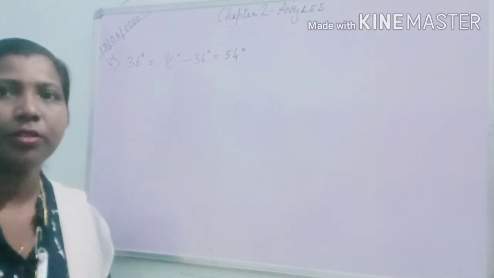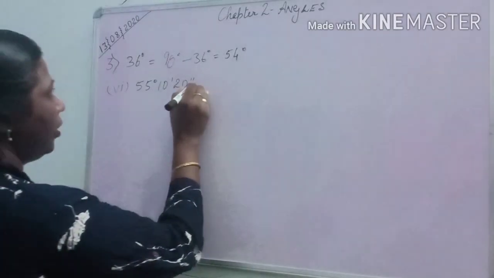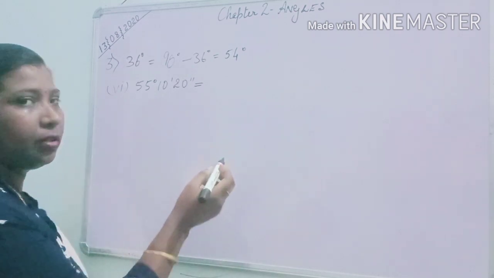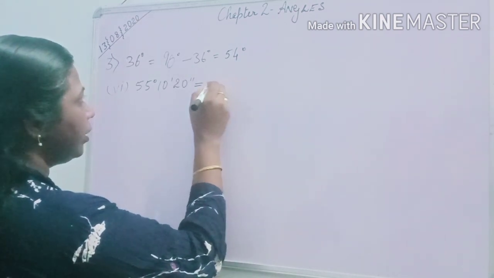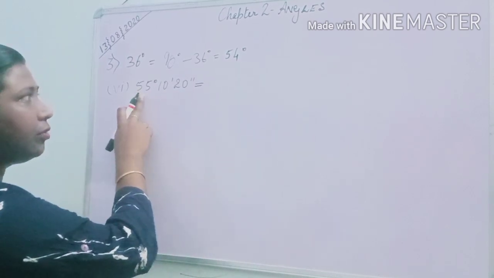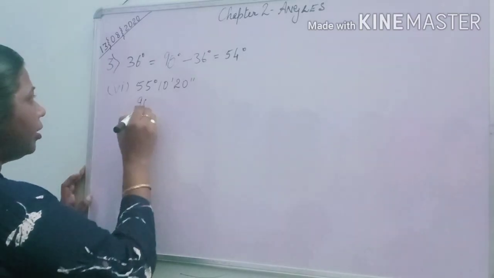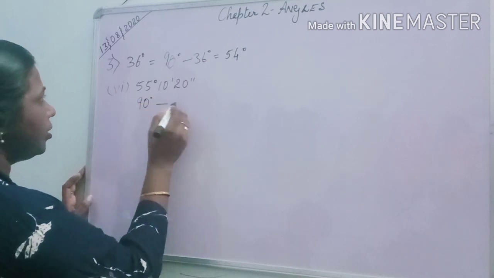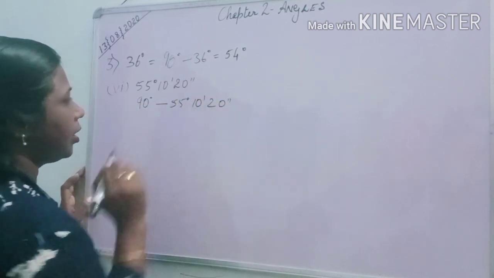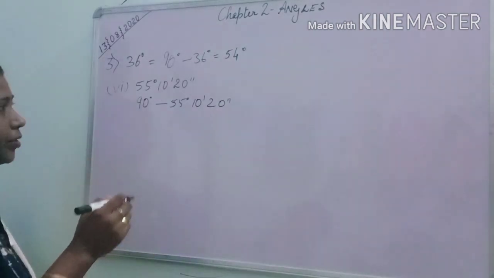Is that clear students? Now for this we have 55 degrees 10 minutes 20 seconds. You will find it like this. First we subtract from 90 degrees: 90 degrees minus 55 degrees 10 minutes 20 seconds. Since we have to subtract this whole from 90 degrees, we write 89 degrees 60 minutes minus 55 degrees 10 minutes 20 seconds.